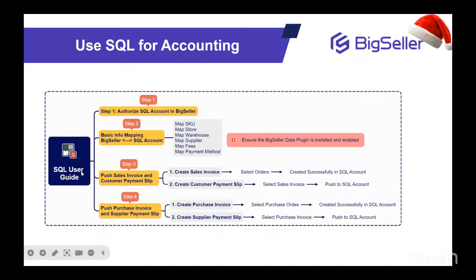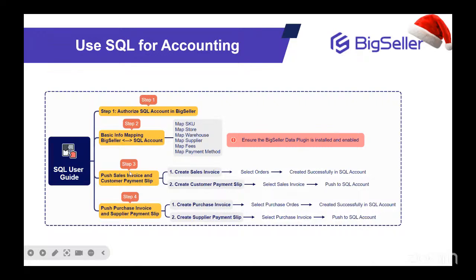The next part, I will teach you how to use SQL for accounting. This is the SQL user's guide. Step 1, you need to do the authorization. Step 2, you need to do the basic information mapping, so that your BigSeller information, like the merchant SKU and your store information, is mapped with the SQL account to ensure that the data is accurate. The next one is to push the sales invoice and the customer payment slip to SQL.